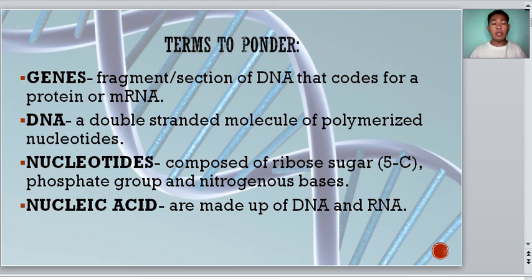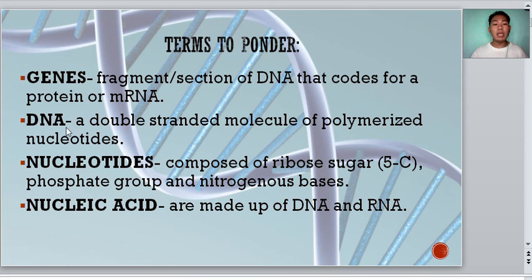Before we go into the deeper concepts of DNA structure, replication, and manipulation, let us ponder these terms. First, we have the genes. Genes are fragments or sections of DNA that code for a protein or for messenger RNA.